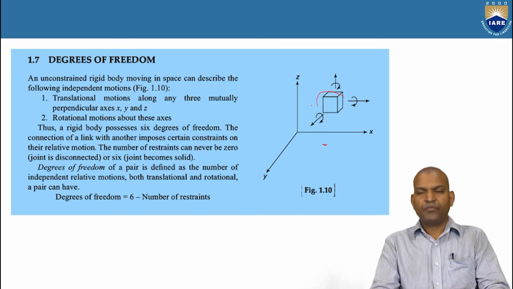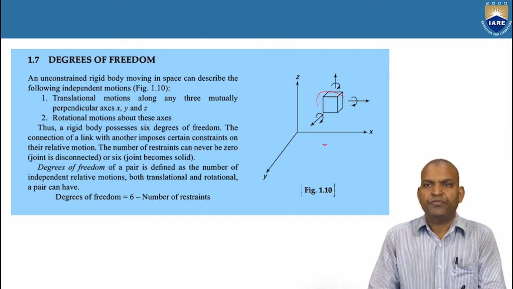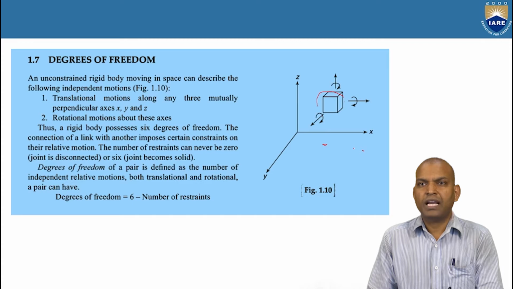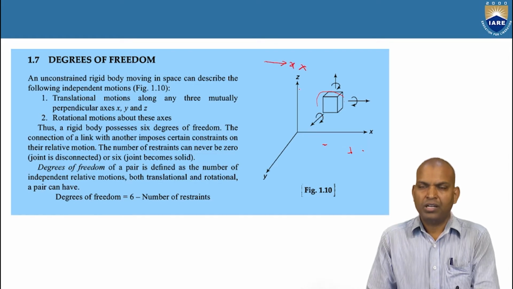Another way to see degrees of freedom: suppose this body has a restraint about axis x. That means how many degrees of freedom? That is 5 degrees of freedom.